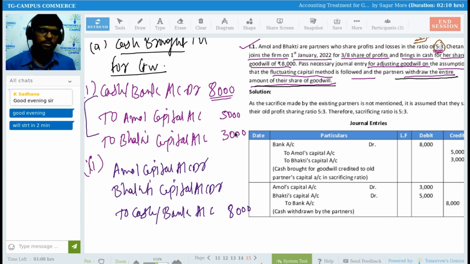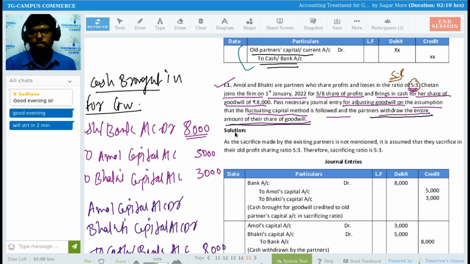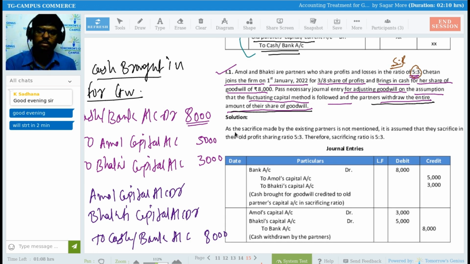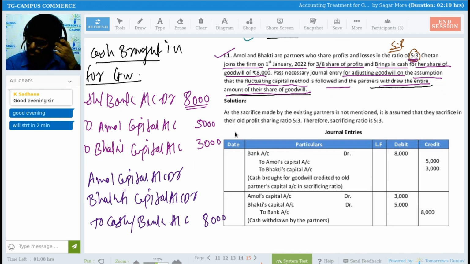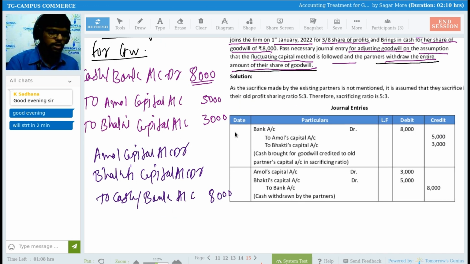That is 5 to 3 only. So they are going to withdraw in the sacrifice ratio only.